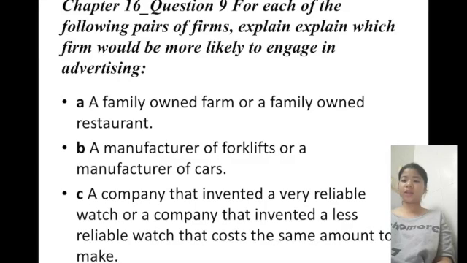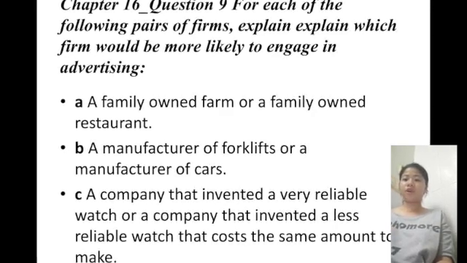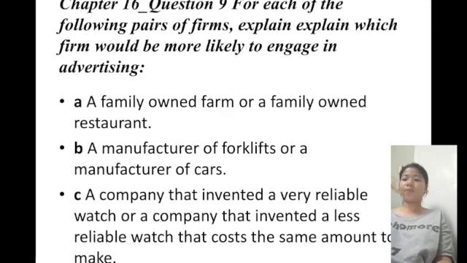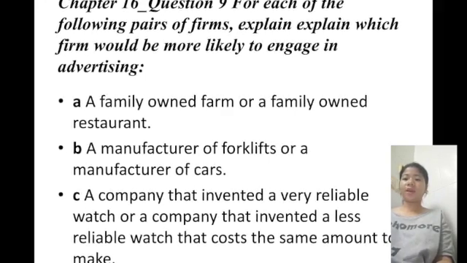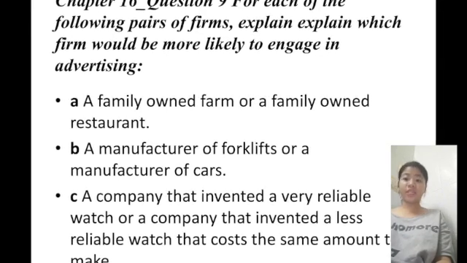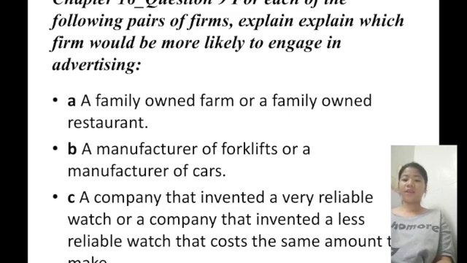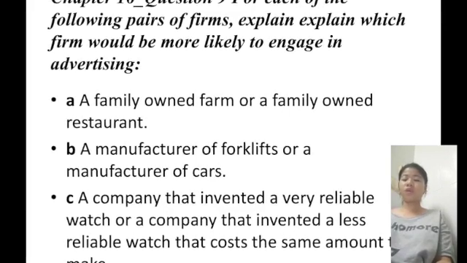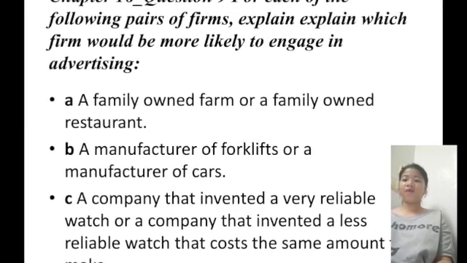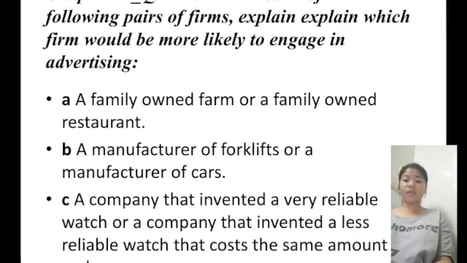Now my question is question 9 in chapter 16. For each of the following classes of firms, explain which firm would be more likely to engage in advertising. There are three parts. A, a family-owned farm or a family-owned restaurant.